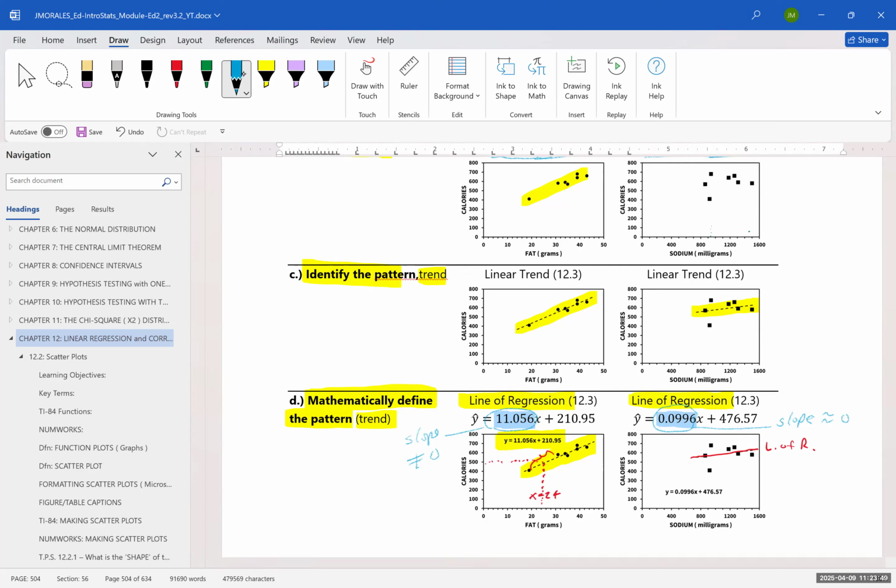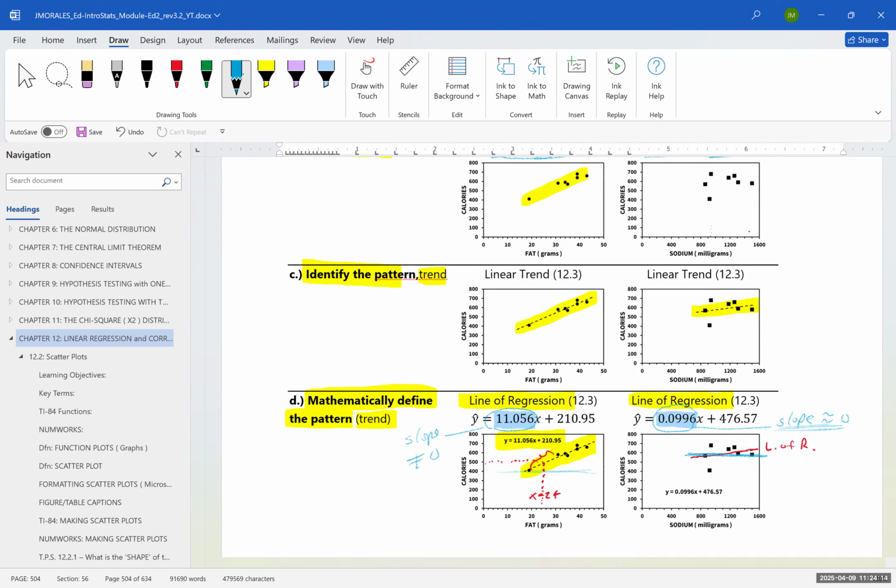It's 11.056. This one is 0.0996. The slope is close to zero. And what you'll notice is that with this slope being close to zero, this line of regression is pretty close to horizontal. And this one where the slope is not equal to zero is not anywhere near horizontal.